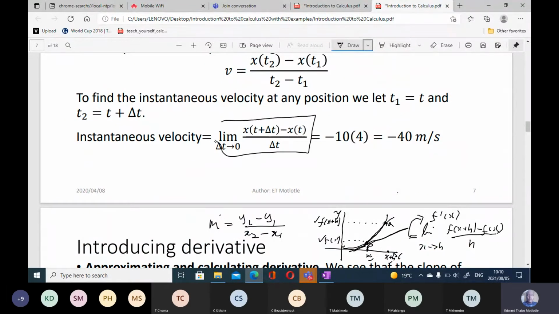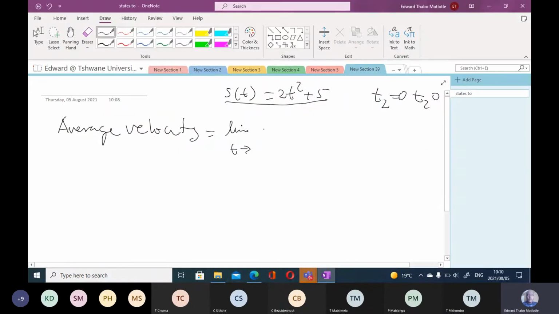So we have to design our own for average velocity there. So this will be s at t plus delta t minus s(t), all over, I think here it must be the change in t. So this is the change in t.